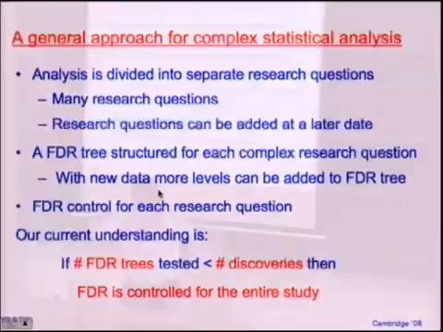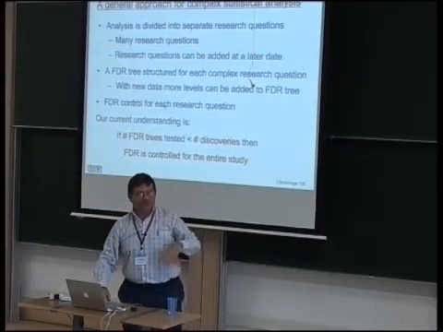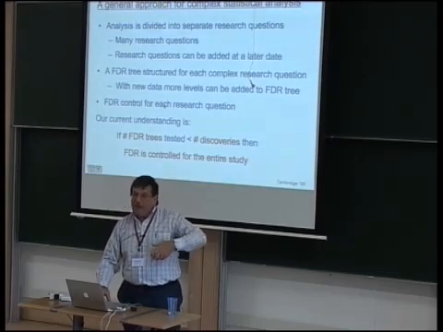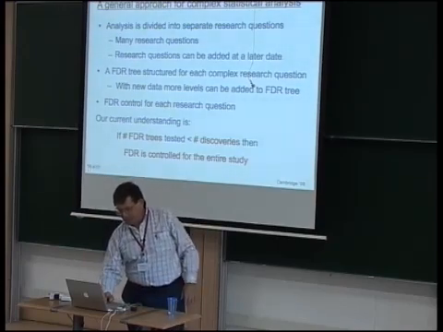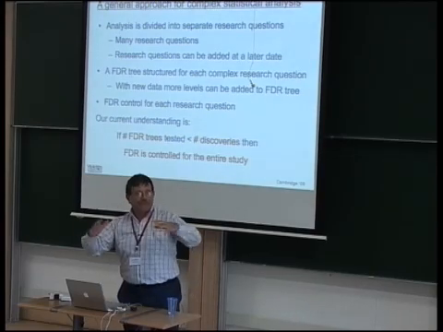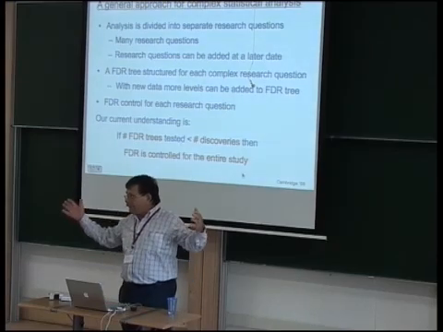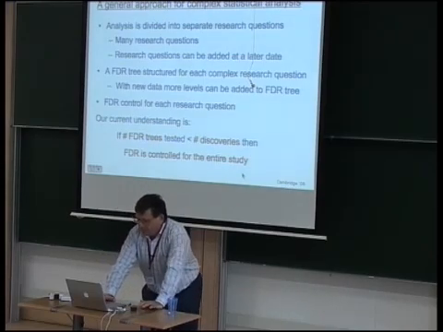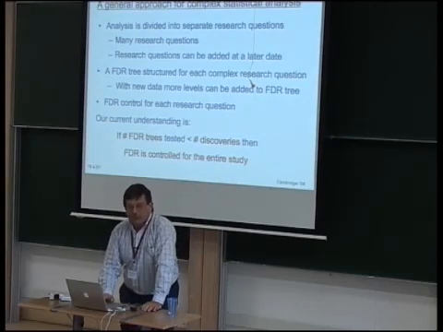And there's no problem to continue this research question. And you care about FDR control for each research question separately. Now, and here I'm speculating, our current understanding is if the number of research questions is less than the number of discoveries, total discoveries overall, then FDR is controlled in the entire study altogether.